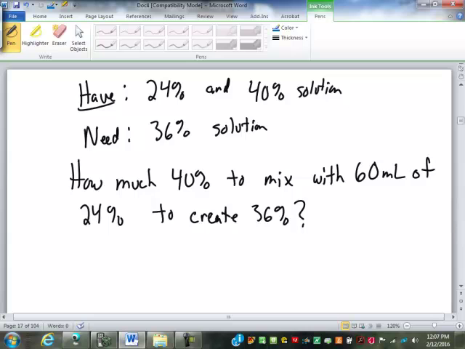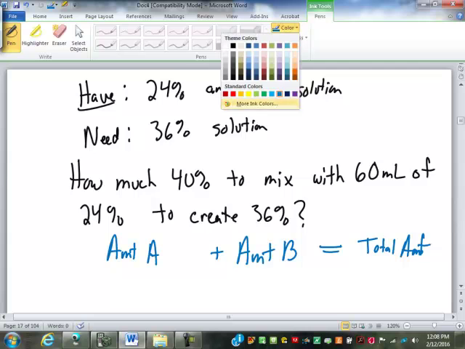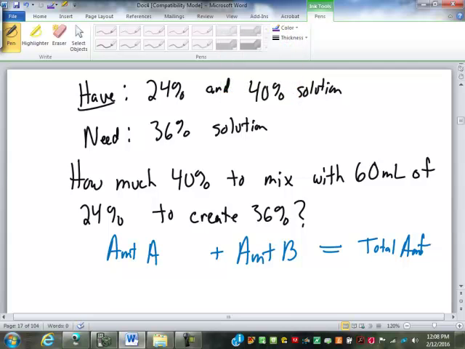So here again, we're looking at adding the amounts. Amount A plus amount B is going to equal the total amount. Well, solution A is going to be the 24% solution. Solution B is going to be the 40% solution. Those are the ones we're mixing. We're hoping to get a result. In this case, we desire to get a result that is 36%.